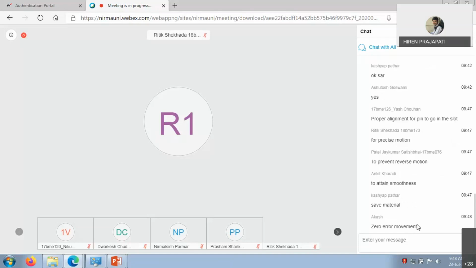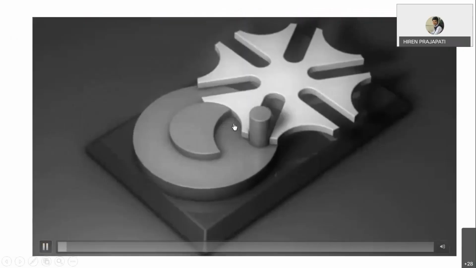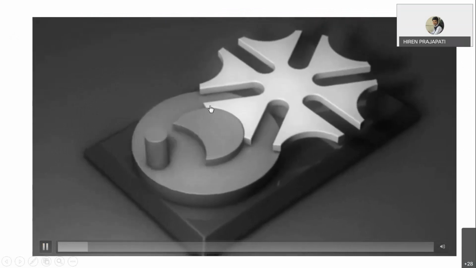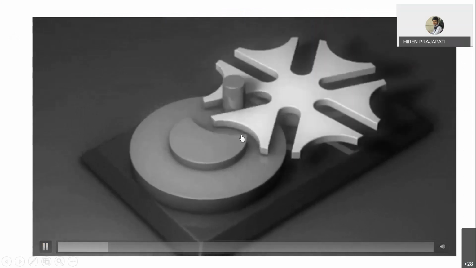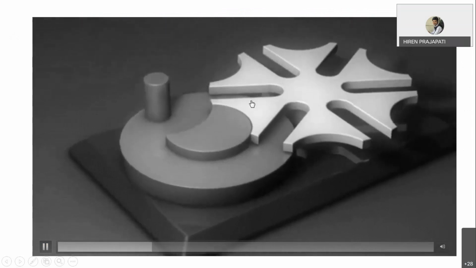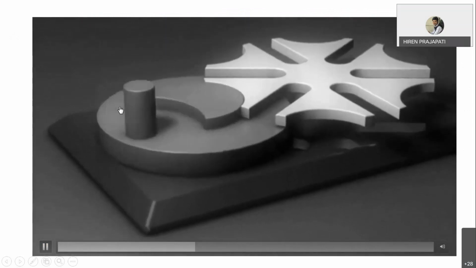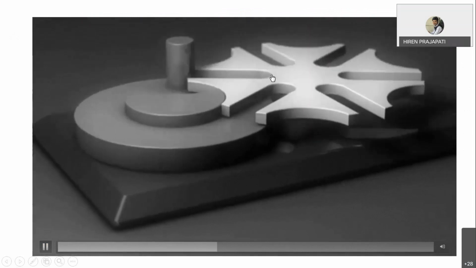Most of you have given the correct answer as per my knowledge, because any mechanical system has inertia, right? In the case of the Geneva drive, if this pin goes outside and this type of slot and solid portion is not given, then due to the inertia of this Geneva wheel, the wheel will go further and will not reach a position where the pin can get inserted in the next slot.